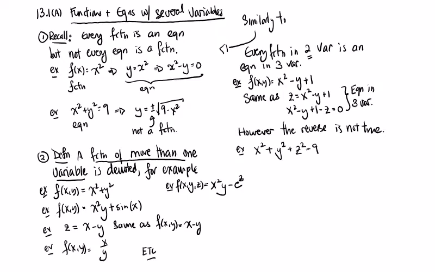Something like this, a sphere of radius 3. Right. If you were to try and solve, say, for z, you have to make a choice. So again, this is not a function.